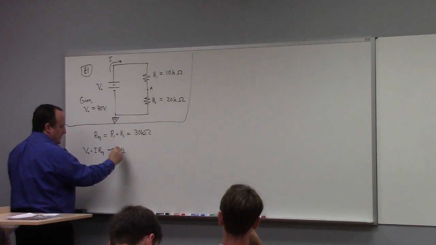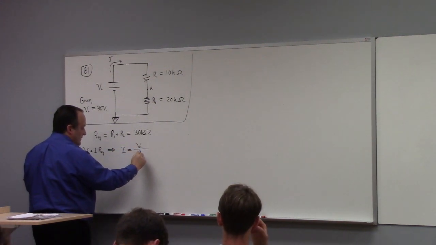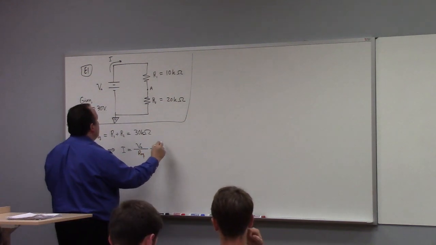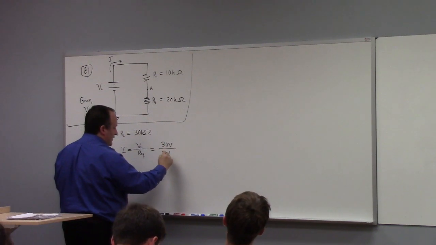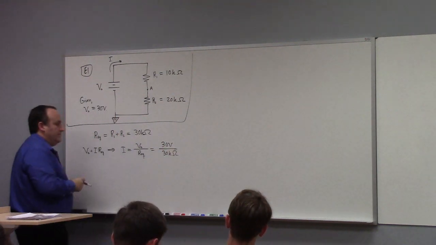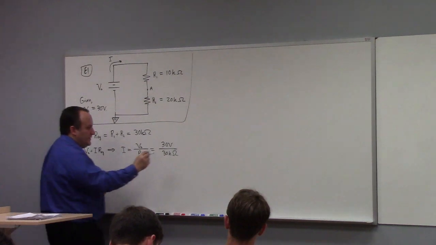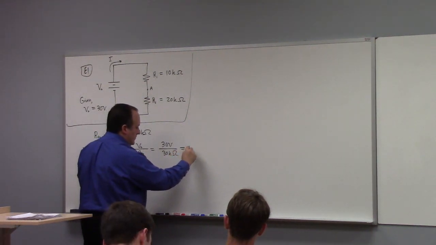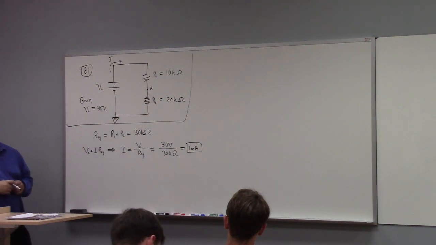So that tells me that the current is the voltage divided by the equivalent resistance, which in this case is 30 volts divided by 30 kiloohms, which gives me 1 milliamp. So there's the answer to one of my questions. We have 1 milliamp of current flowing in this circuit.